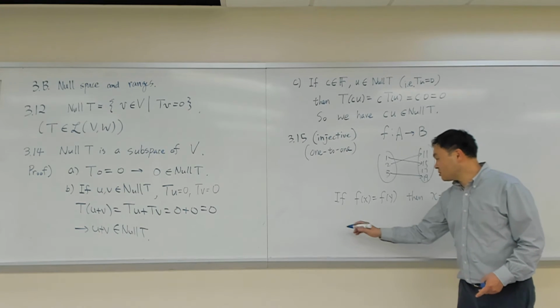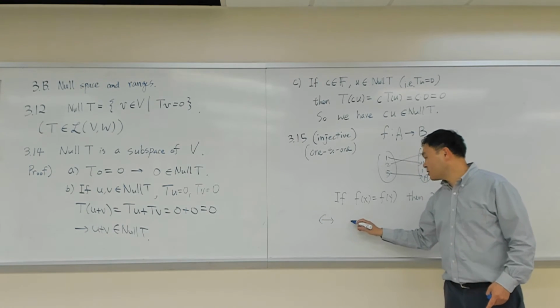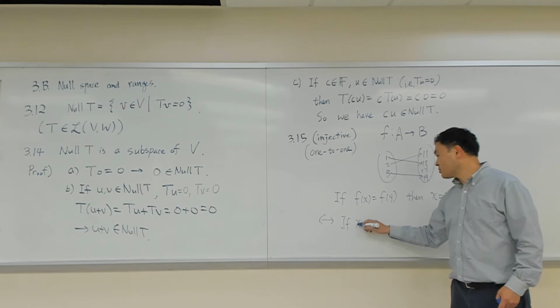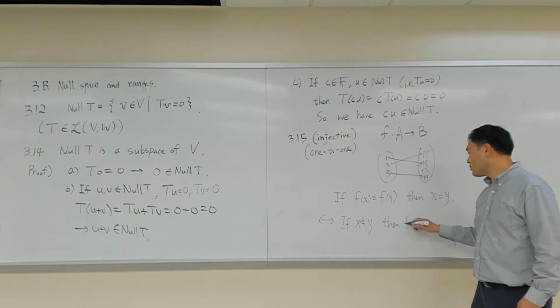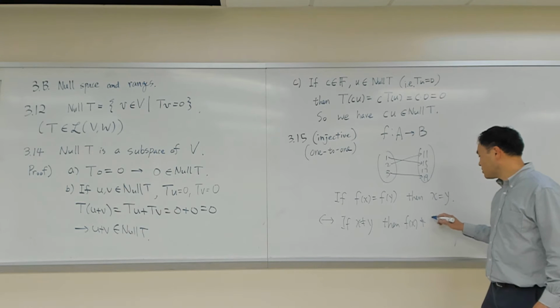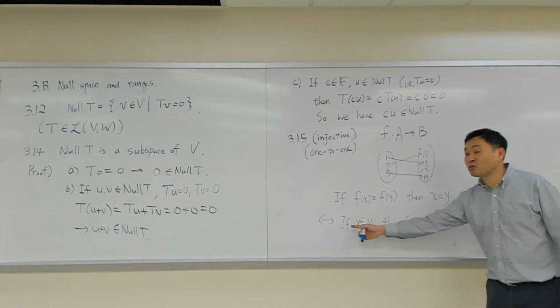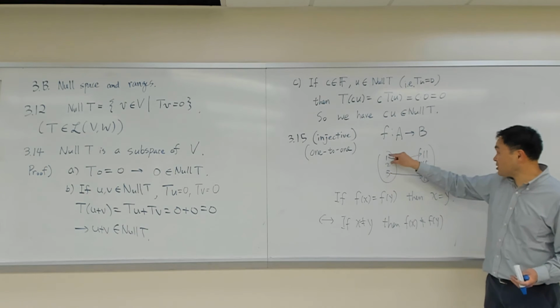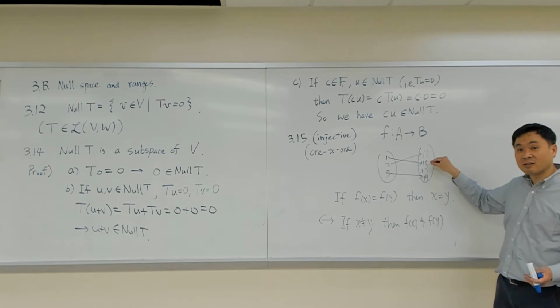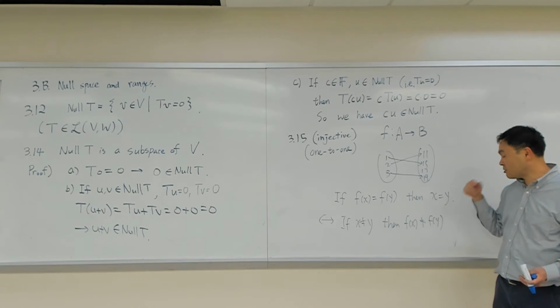So this is equivalent to saying that if x and y are different, then f of x and f of y are different. This is the true statement for injectivity, meaning that you can't have two different things going to the same thing. You get that? That's injectivity.